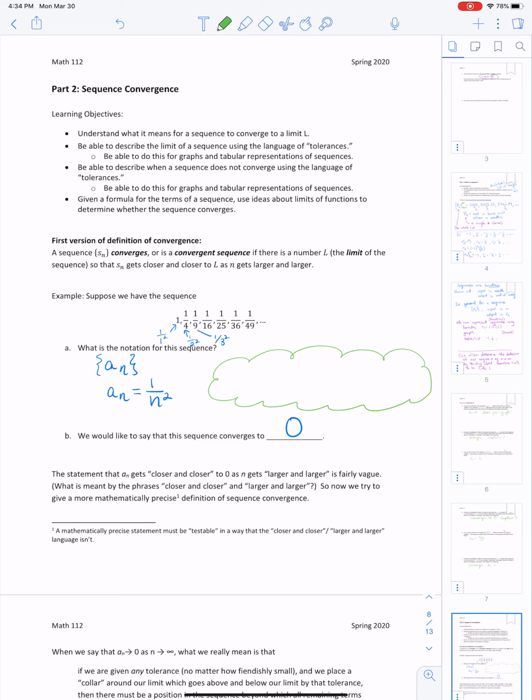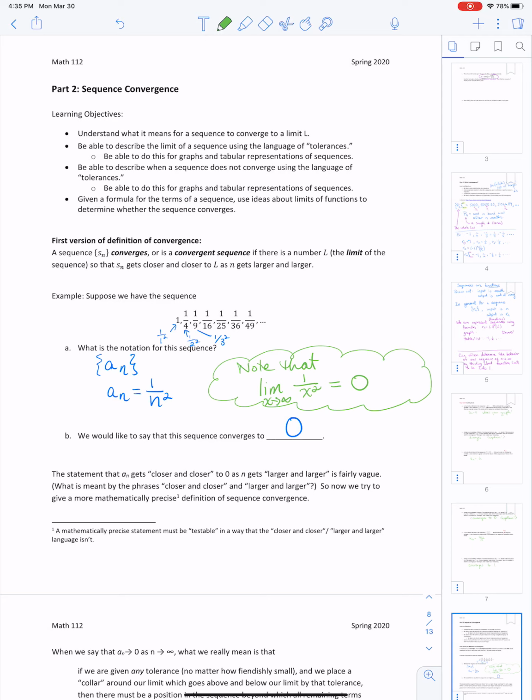For you, note that the limit as x goes to infinity of the function 1 over x squared is equal to 0. And so that's kind of a guiding principle here.